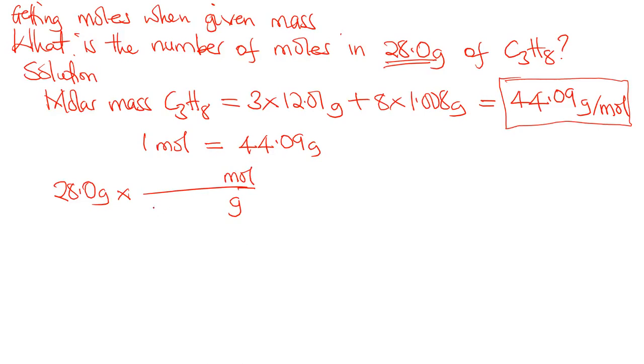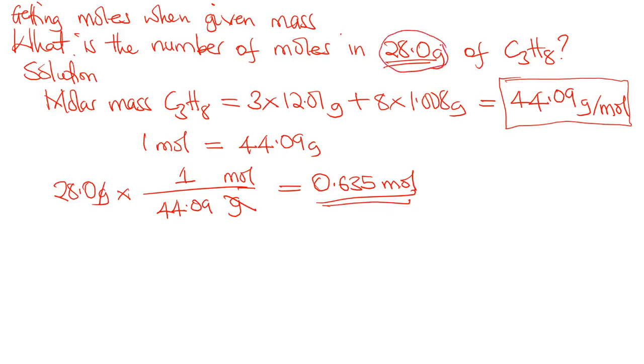So the gram goes with 44.09, the mole goes with 1. So when you do the math, you find that the answer is 0.635 mole. Here gram will cancel with gram and will just remain with mole. So this is our answer, and the answer is given to 3 significant figures, because our question here has three significant figures.